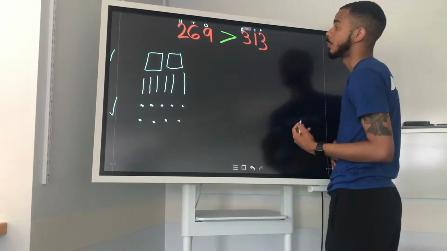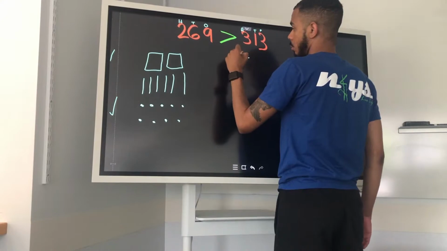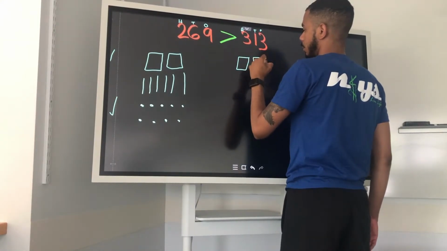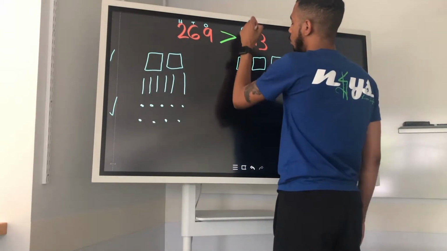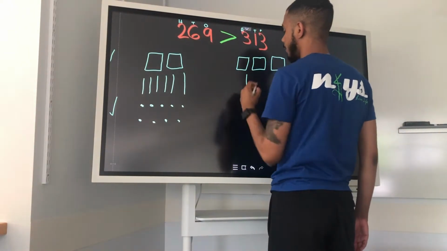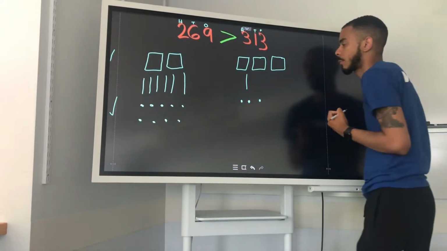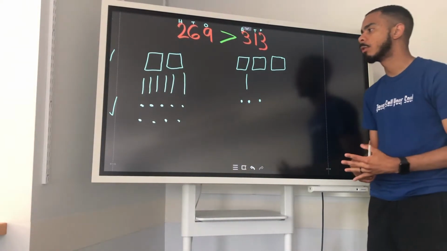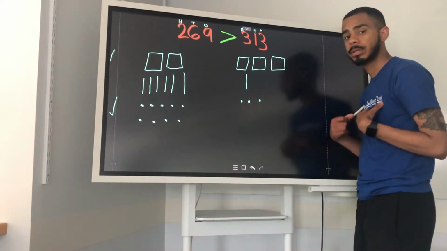Now let's look at 313. I see that I have 300s. 1, 2, 3. I have 1 ten, then I have 3 ones. 1, 2, 3. Okay, I've written both numbers in base 10 form. And here's what I notice.